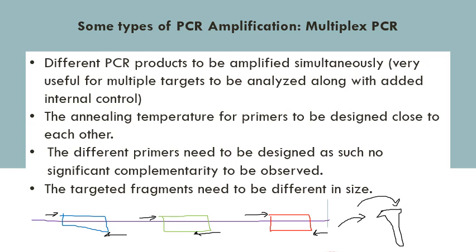Everything will be added in one PCR tube, and in the result, you will see your band clearly as it should be. After you finish, this is the result, the gel electrophoresis having each locus as you designed your primer accordingly.